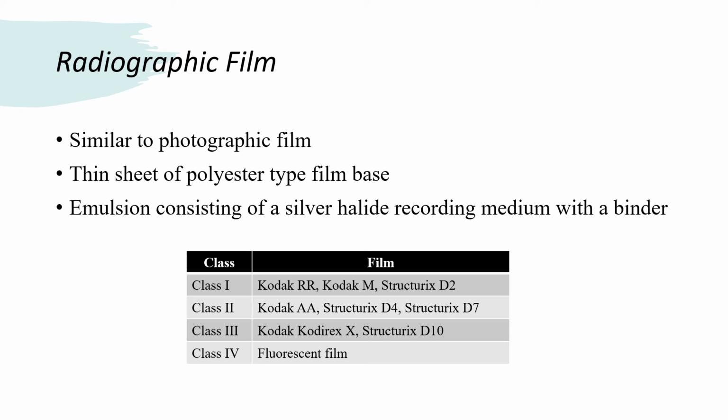Emulsion consists of a silver halide recording medium with a binder which is applied to both sides of the base. When radiation strikes the emulsion, a change takes place in the emulsion. This change is referred to as the latent image.